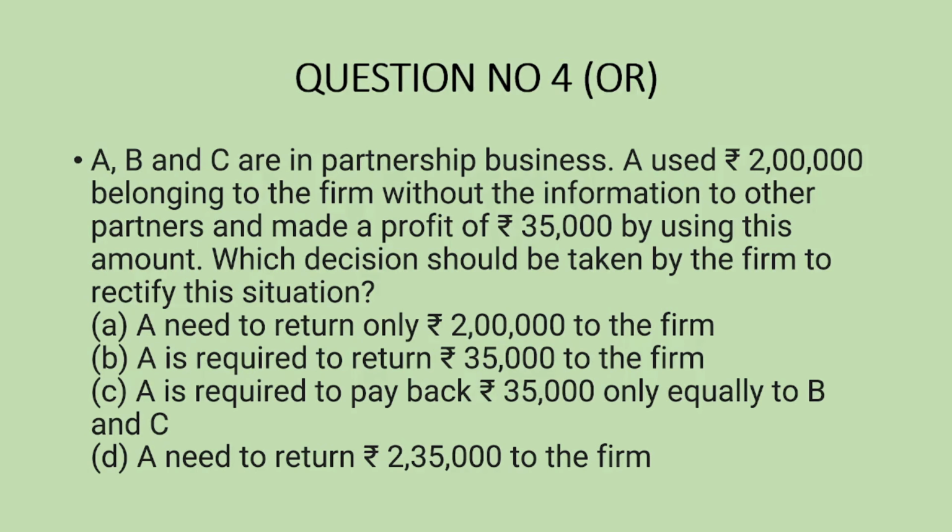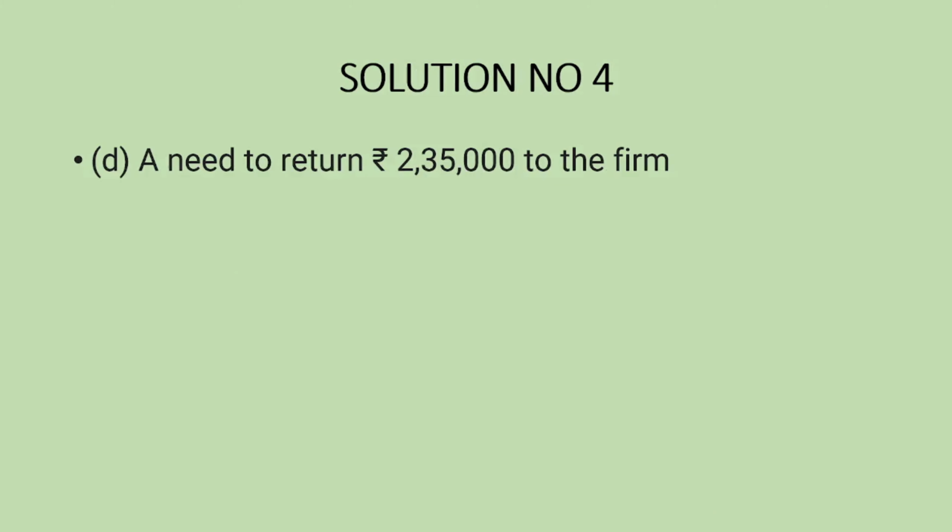A is required to return 35,000 to the firm. A is required to repay the amount 35,000 only equally to B, C and D. A needs to return 2,35,000 to the firm. So all these 4 points we need to decide now.